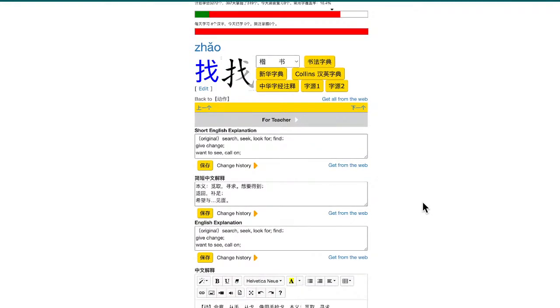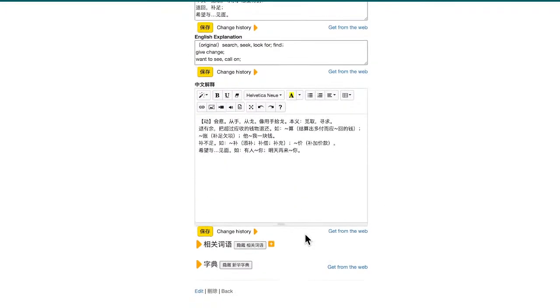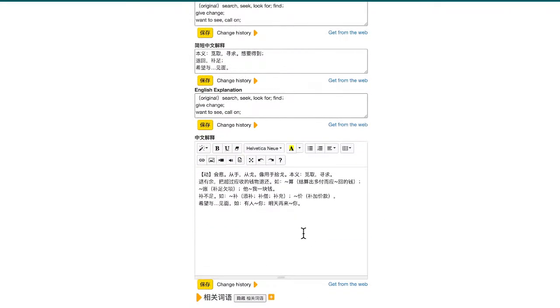One of them is give change, like 找钱. 找钱 does not mean look for money. 找钱 means make a change, give change. Another is want to see or call on, like 我明天找你. 明天找你 does not mean I will look for you, I will search for you tomorrow.